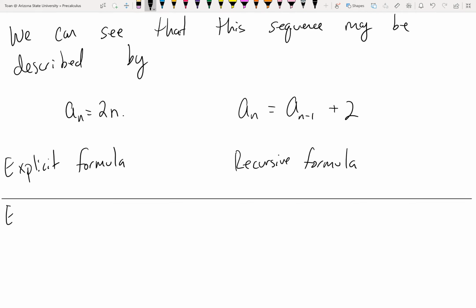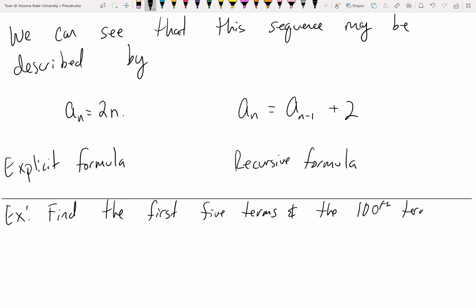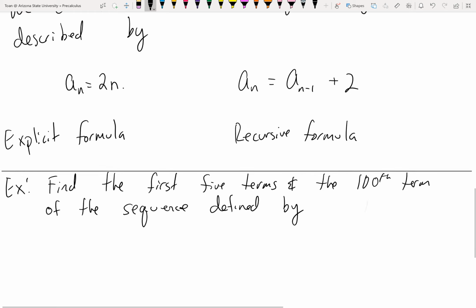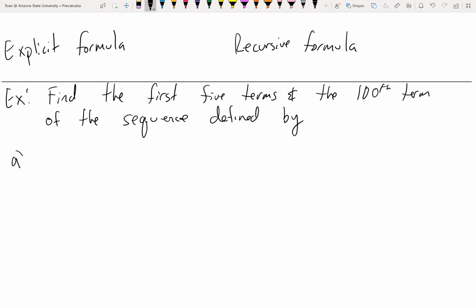So what are some things that you might be asked to do? You might be asked to find the first 5 terms and the 100th term of the sequence defined by a sub n equals 2n minus 1.